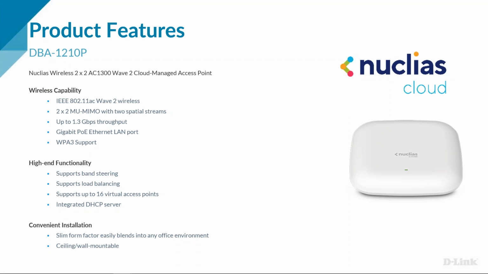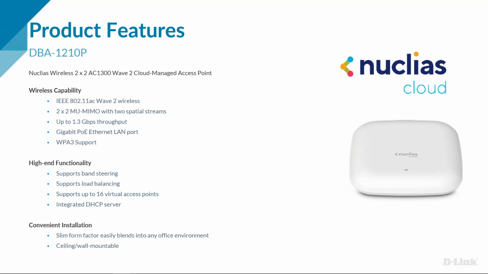Wave 2 means you get better, faster AC speeds, which is the latest and greatest wireless technology right now. And because it's a brand new Wave 2 access point, we're also releasing all of our access points with WPA3 support. For those of you not familiar with that, I'll explain in a moment, on the next slide. We've got an upcoming slide on that one.